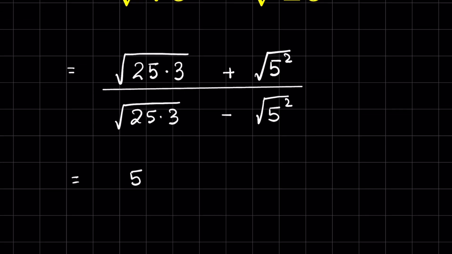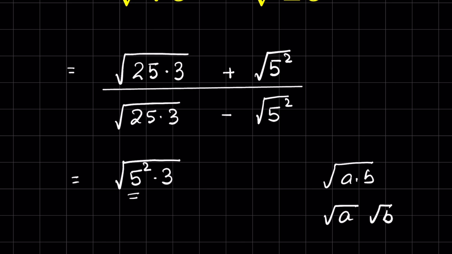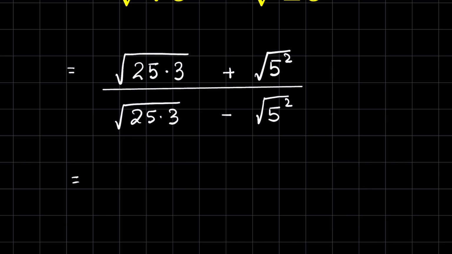Now this 25 we can write as 5 square times 3 under square root. This is in the form of √(a times b), and this we can write as √a times √b. Therefore, we can write it as √(5 square) times √3 plus √(5 square), upon √(5 square) times √3 minus √(5 square).